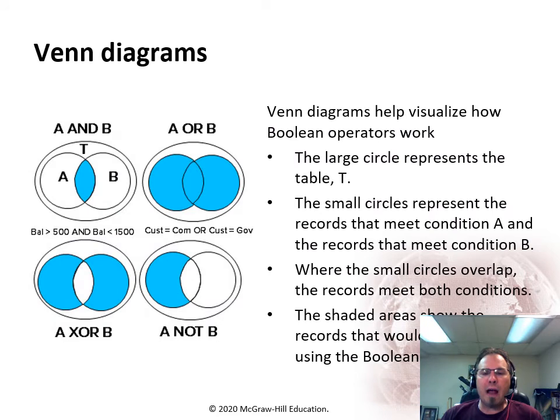So these Boolean operators are best described using what are called Venn diagrams, and hopefully you've seen this type of stuff and it makes sense to you. So if I have a data set that encompasses all of this circle here, we'll call it table T. When I use the and between tables A and B, all I get back is what's coincidental between both of them.